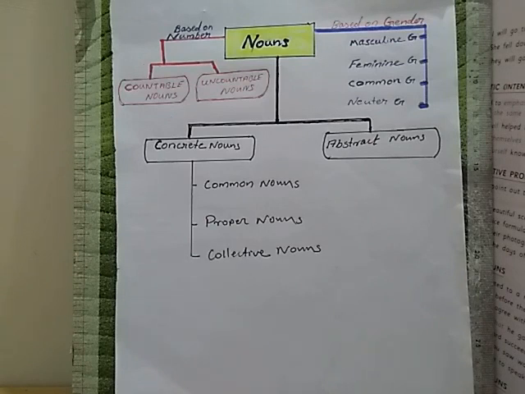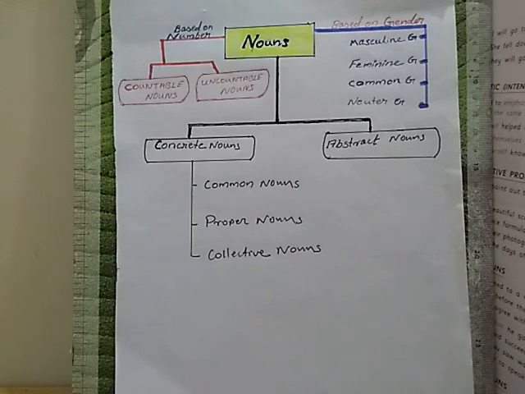Then we have seen an objective case. The same way, when the noun is used as an object in the sentence, then that noun is in objective case, or it can be called accusative case. And the next one we have seen possessive case. When a noun or a pronoun is used to show possession or ownership, or we can say belongingness, then we call it a possessive case.